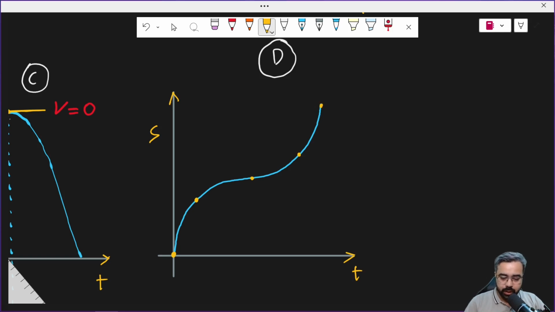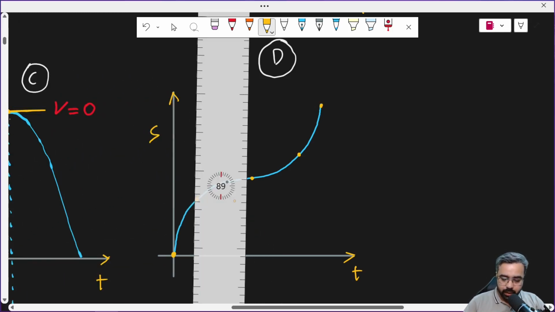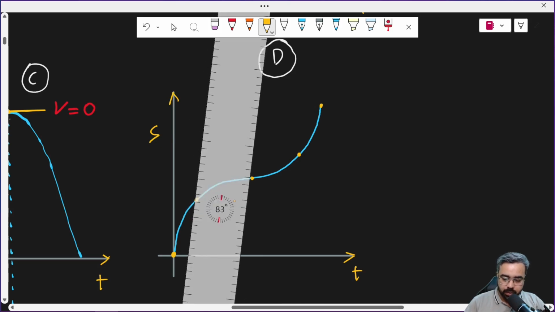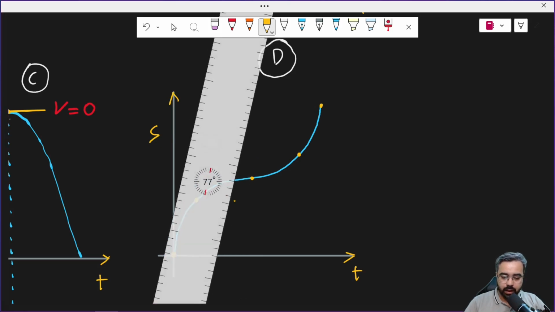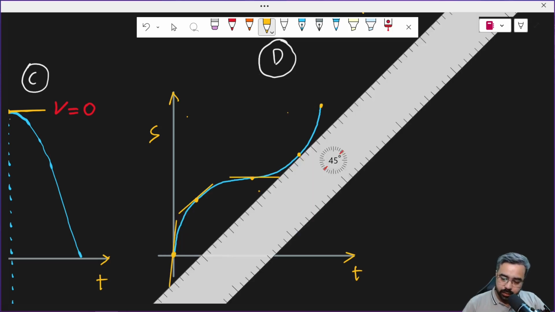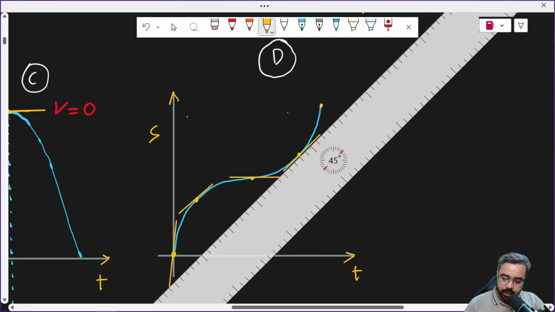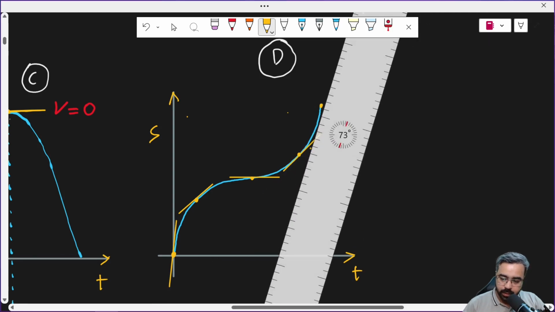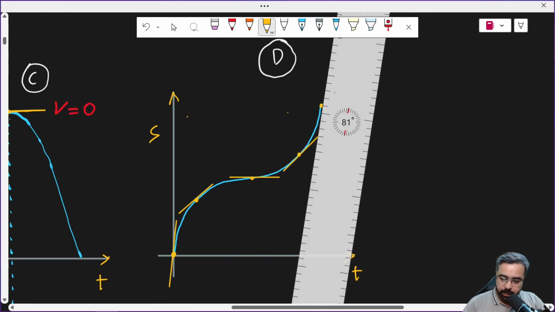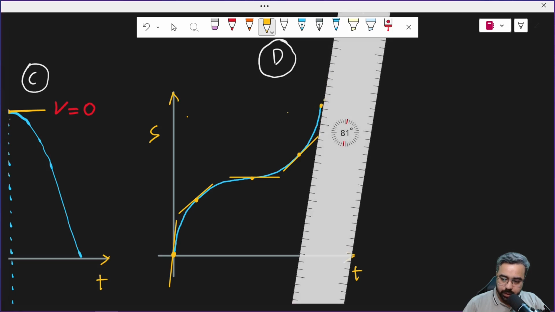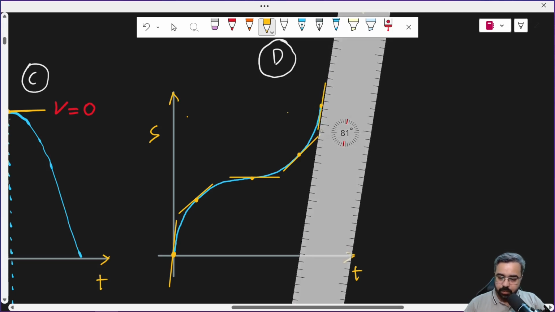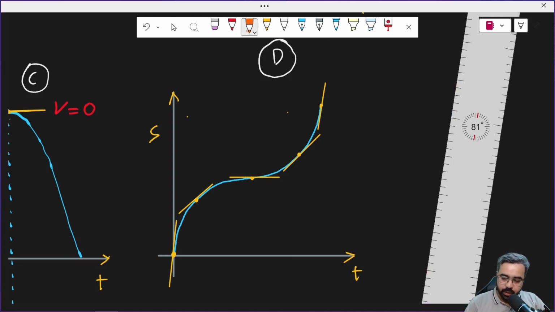I'm going to draw the tangent line at these points, and with the help of the steepness of those tangent lines, you can get an idea of how the speed is changing. You see that the speed is decreasing and then it is once again increasing, right? And this speed is always positive because it's a scalar quantity, right? Anyways, at that point, the velocity or the speed is zero.